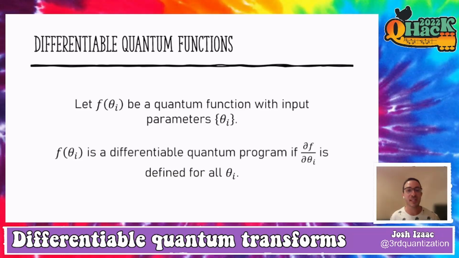A quantum function is differentiable if the partial derivative df over d theta_i is defined for all input parameters to our quantum function. Basically, if the derivative is well defined for each of those input parameters with respect to the output measurement statistic, we have a differentiable quantum function.